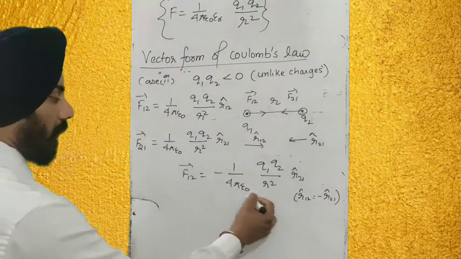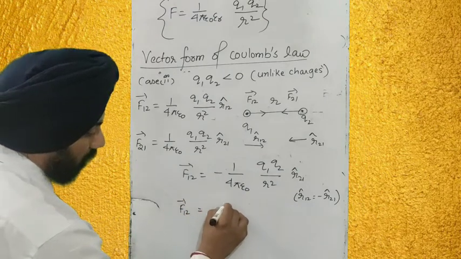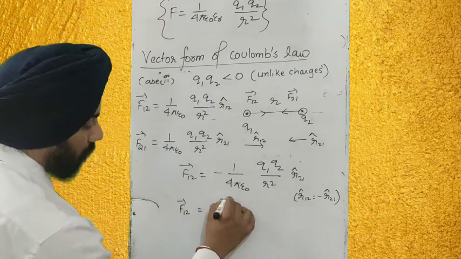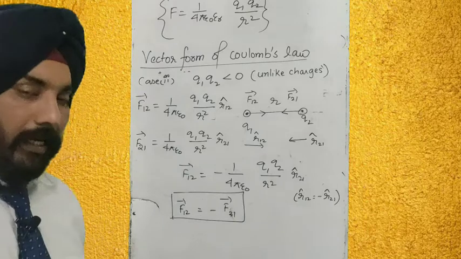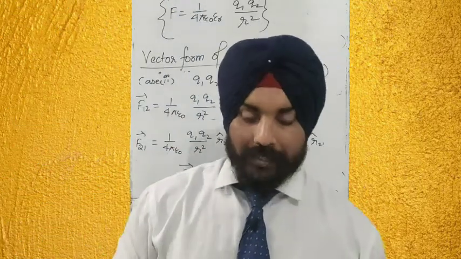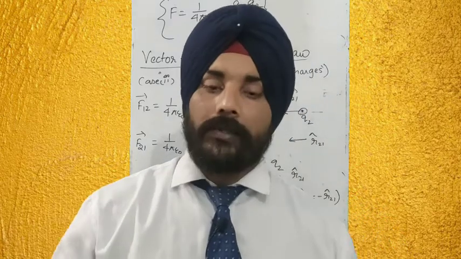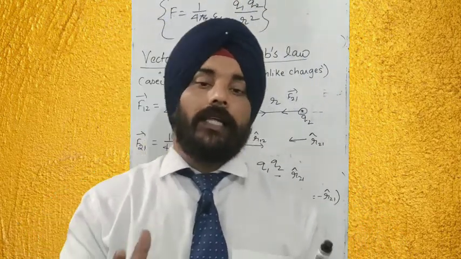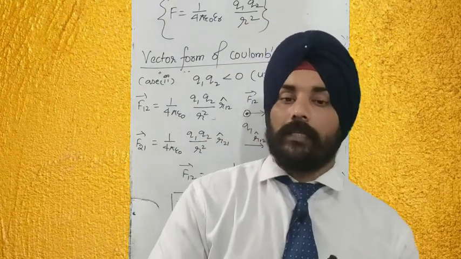So this is the equation of F21. Thus F12 is equal to minus F21. Again we obtain the same result. Whether the charges are like or unlike, the force of attraction or repulsion acting between the two charges will be equal and opposite to each other.